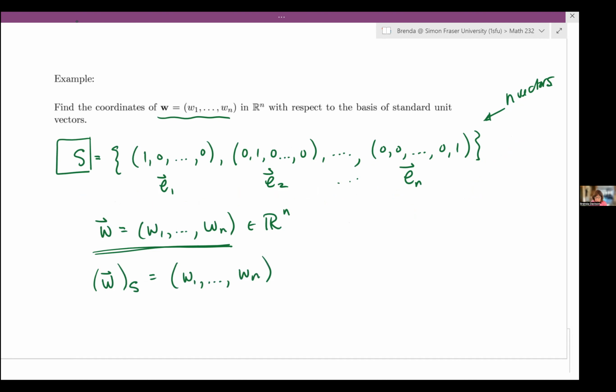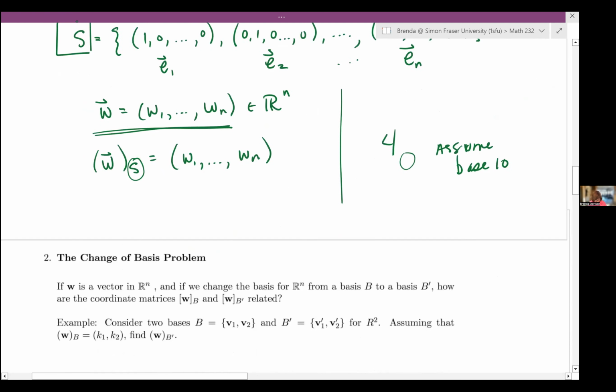This is what we've been doing all along. We call it the standard coordinates of the vector. Again, just to draw your attention to something that you've seen before, this is just like saying 4 and not putting anything here at all. And then we assume a base 10. So furthermore, anytime we see a vector, if there's no indication of a basis set, we'll assume that it's the standard basis set. If there is an indication of a basis set, then we will use whatever basis that is.